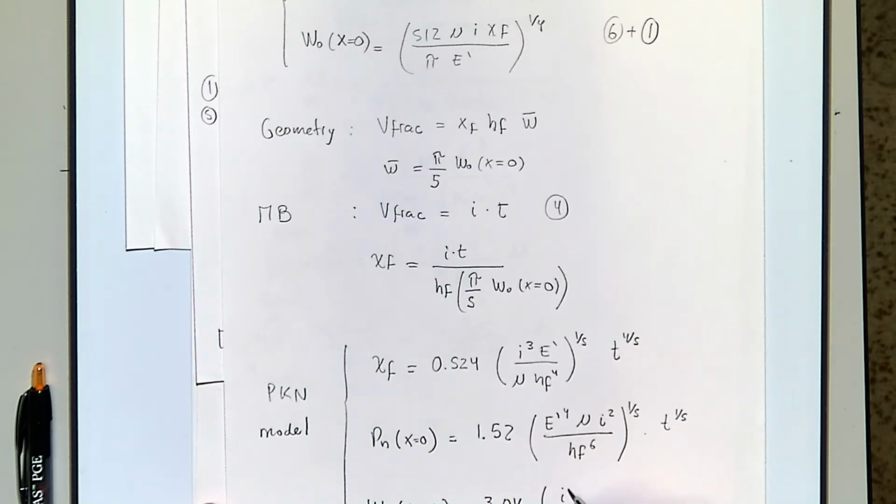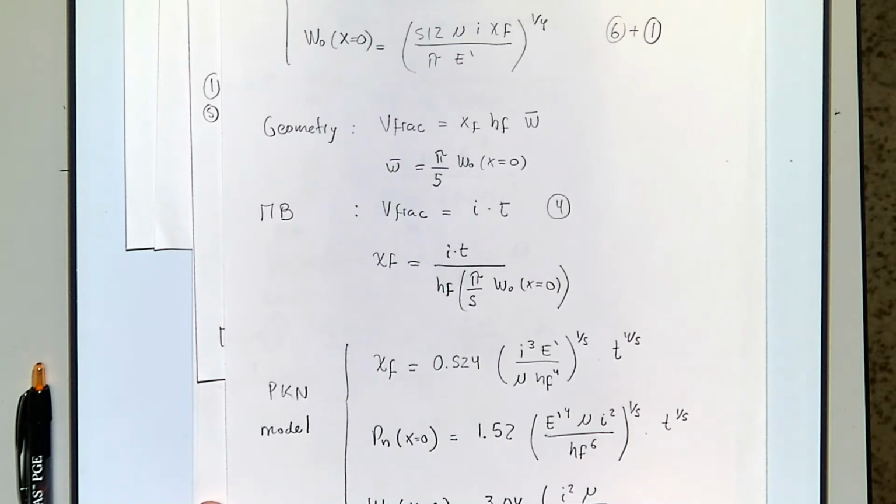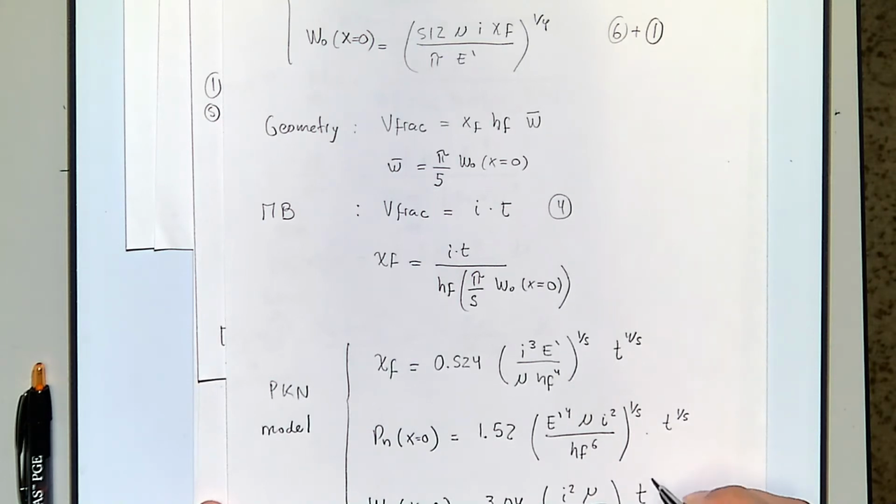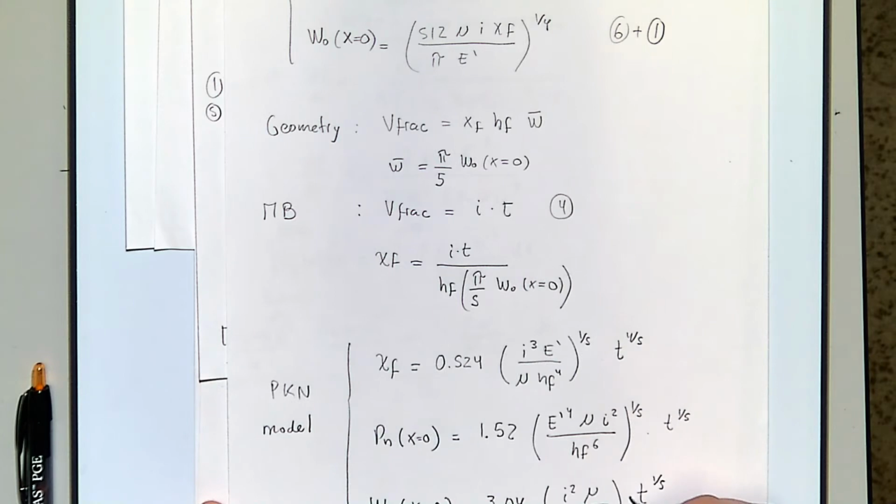So don't worry if you don't get on time to write these equations, you have them in the page I gave you with the equations in there. So don't stress out about writing the equation. Okay.